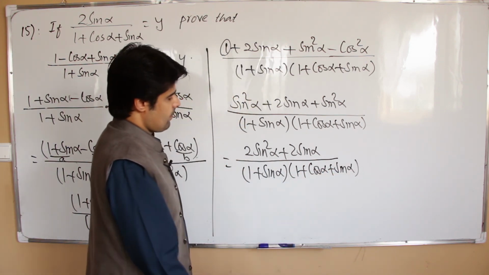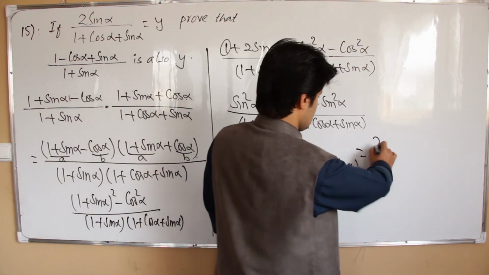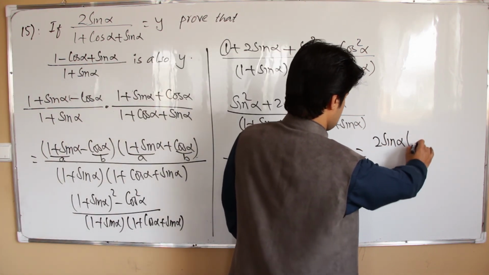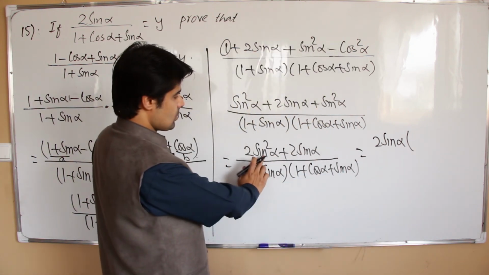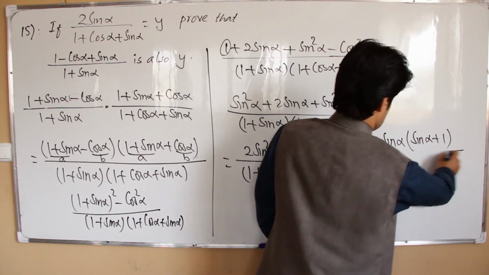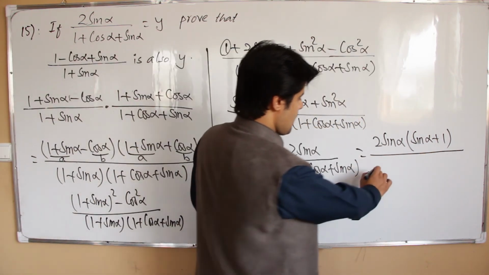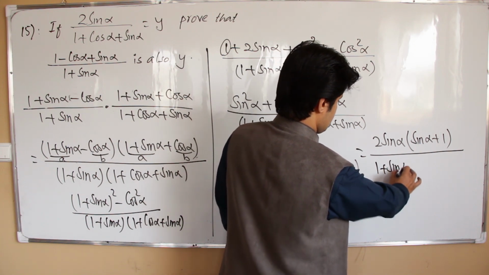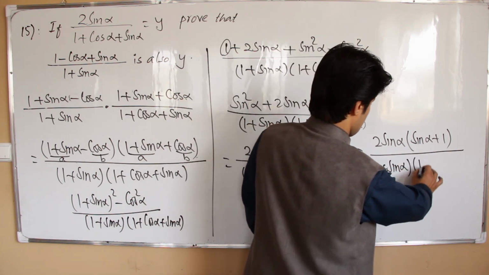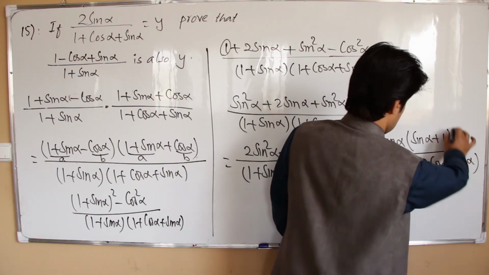Now we have a factor 2 sine alpha in the numerator. What's remained? Sine alpha plus 1. Am I right? Yes. 1 plus sine alpha over 1 plus sine alpha, this is cancelled.